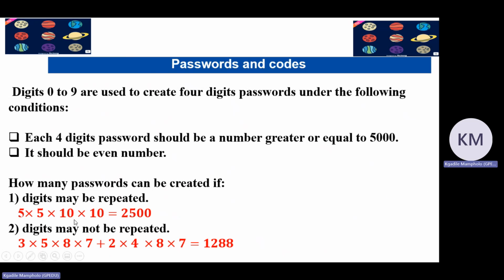And then 10 means digit number 2 of the password can be any number. 10 means digit number 3 of the password can still be any number. Because if you have 5, 7, 9, 0, it's still an even number, it still meets this condition.